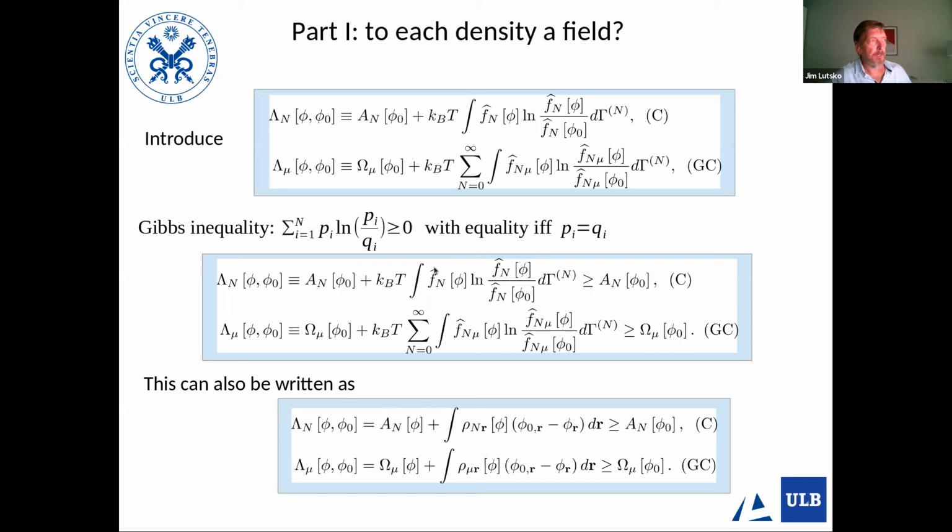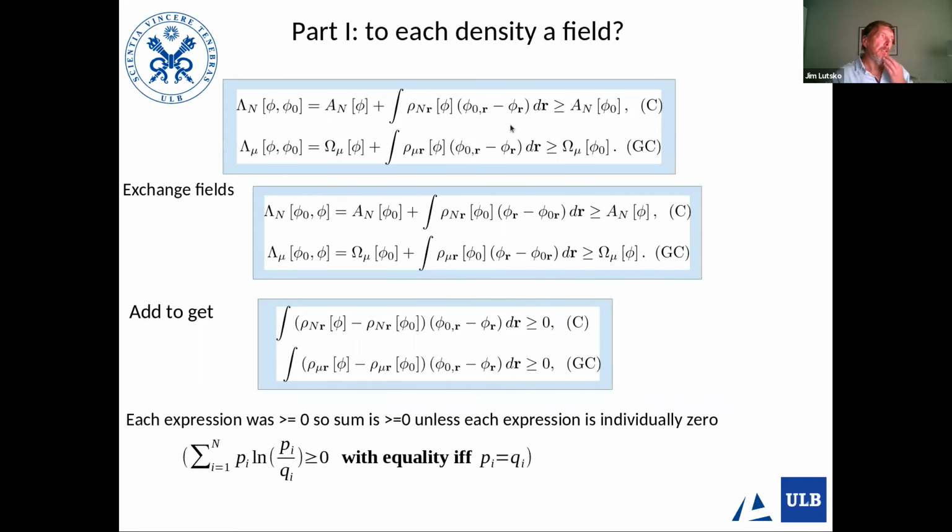And this complicated expression just reduces down to something involving the two external fields. And that just has to do with the fact that the Hamiltonians otherwise are the same, and all of the terms cancel out. So this is another statement. This is equivalent to this form of this statement. So this is what I just mentioned.